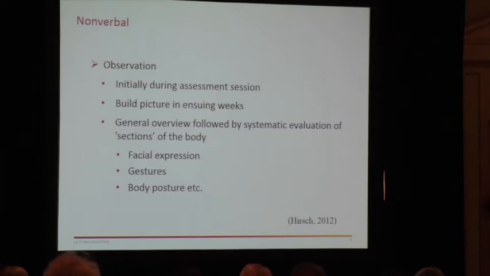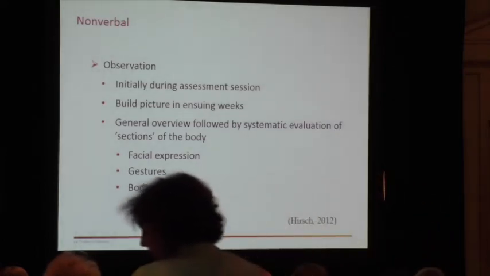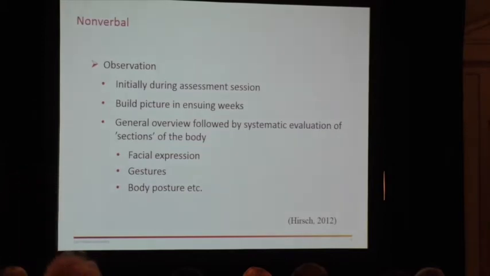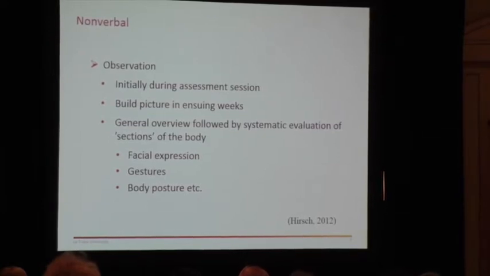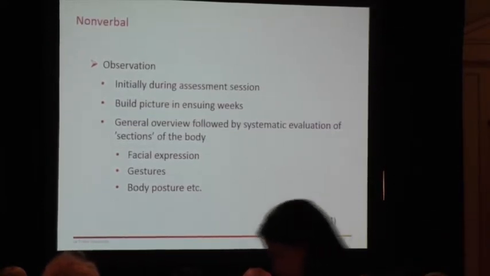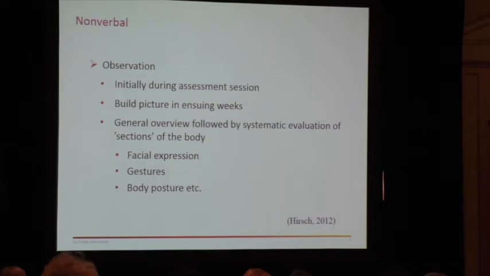So Sandy recommends getting a general overview followed by a systematic evaluation of sections of the body. So looking first at facial features, then maybe at gestures, and then at body posture. Again, you're looking for things that will distract and possibly result in negative consequences from listeners and observers.